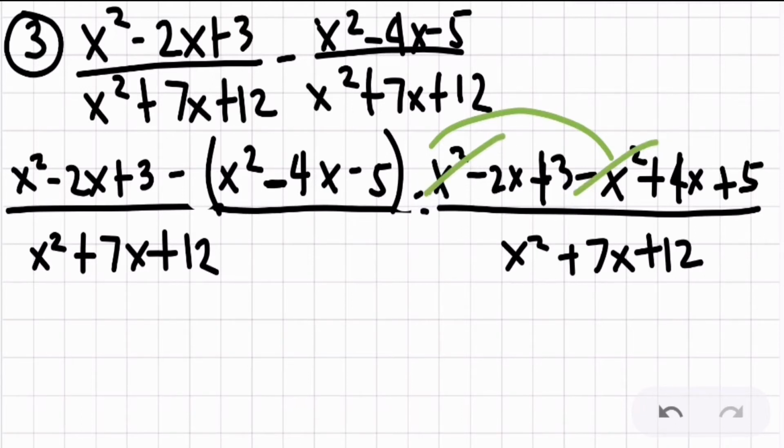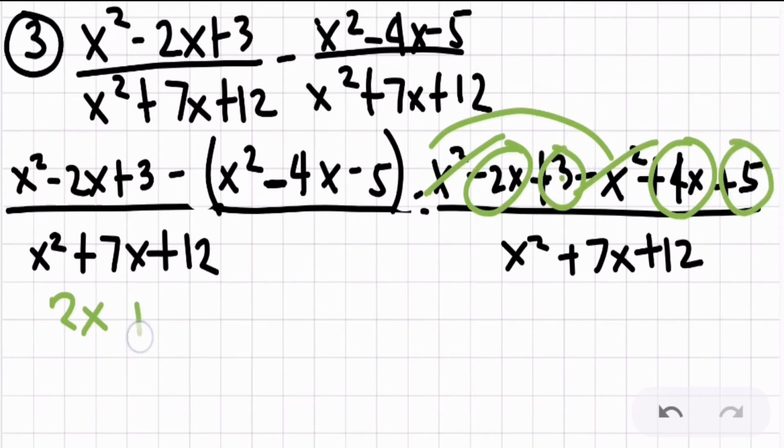Now for negative 2x plus 4x, that will give us positive 2x because these are unlike signs. And for the last one, we have positive 3 plus 5, that is equal to 8, all over x squared plus 7x plus 12.